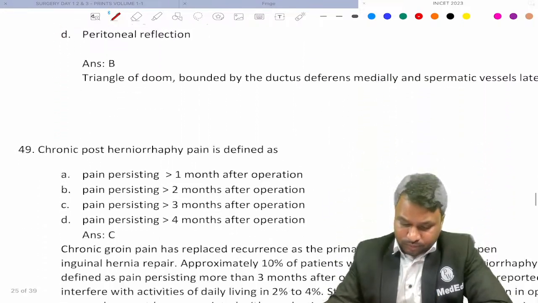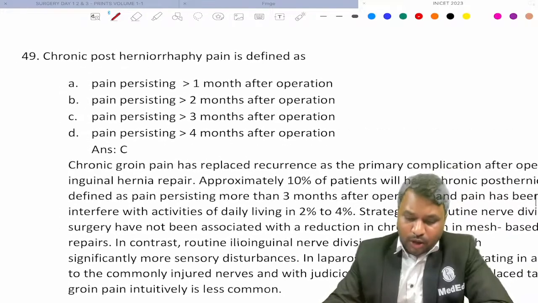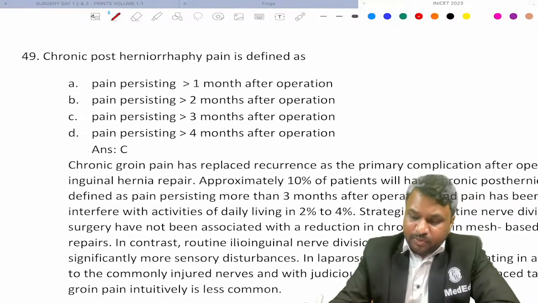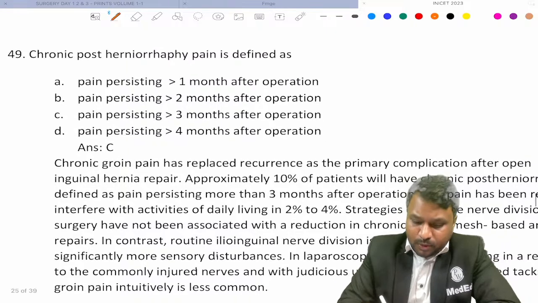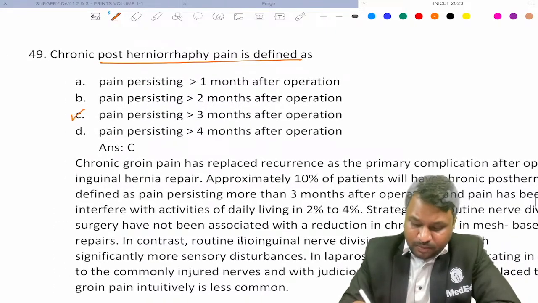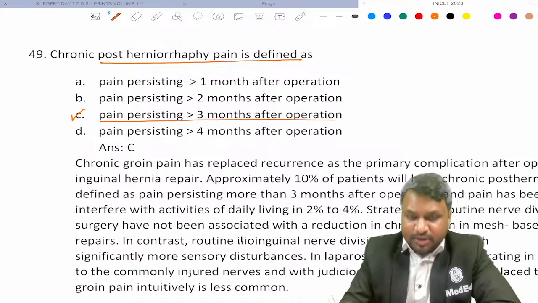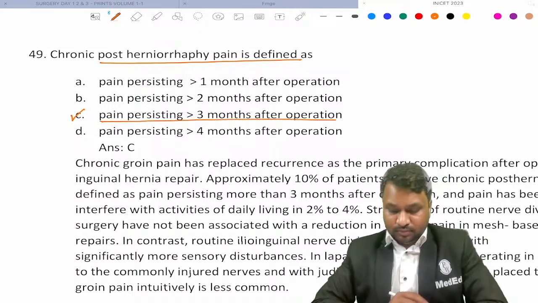So, chronic post-herniorrhaphy pain. Post-herniorrhaphy pain is defined as pain that persists for more than 3 months even after the surgery. Now, why is that?